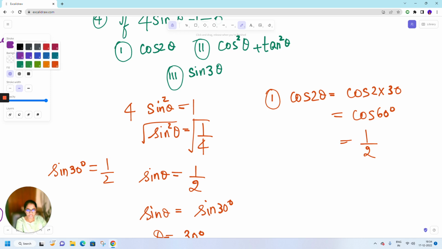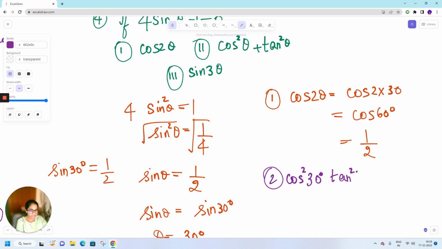Now, the second one is cos square theta plus tan square theta. Let me write it directly: cos square 30 degree plus tan square 30 degree. So what is cos square 30 degree? That is root 3 by 2 whole square. And as you know, tan 30 degree is 1 divided by root 3, the whole square.